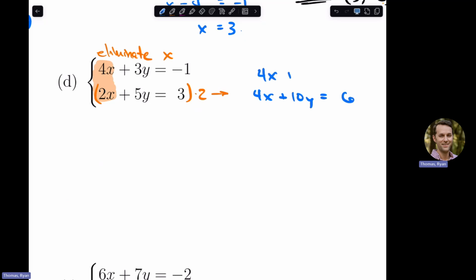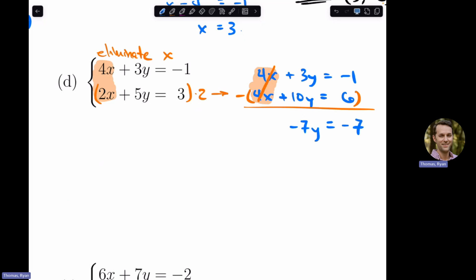And then the other one I'm just going to copy over, so I have them lined up. 4x and 4x, I'm trying to eliminate x, so we need to subtract. 4x minus 4x is 0, and that's good because that's what the plan has been all along. 3y minus 10y would be negative 7, and negative 1 minus 6 would also be negative 7.